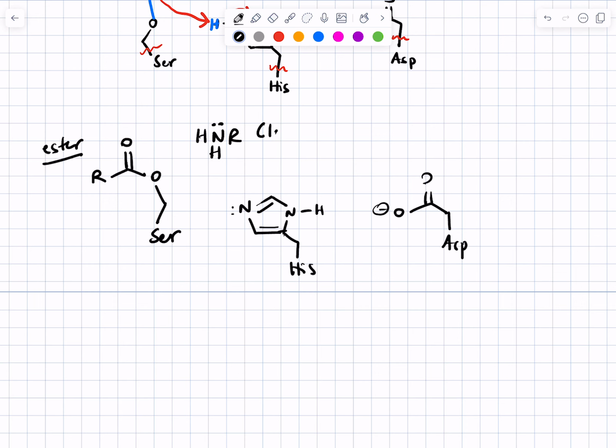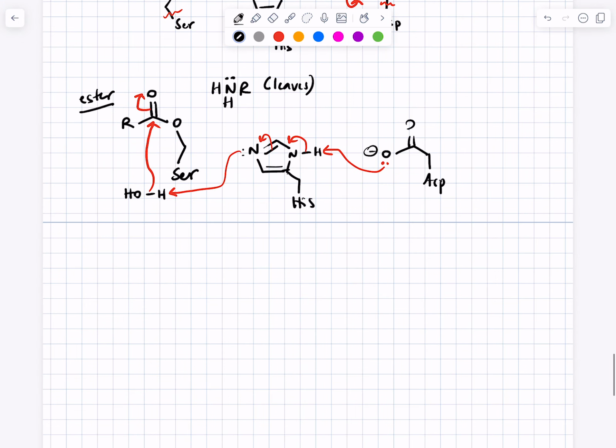We'll say that it leaves the enzyme active site. Water comes into the enzyme active site. And again, it's going to be positioned so that aspartate steals a proton from histidine, which steals a proton from water, which then attacks the ester as hydroxide, giving a tetrahedral intermediate that looks like this.